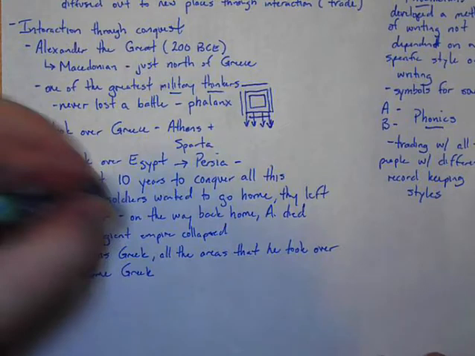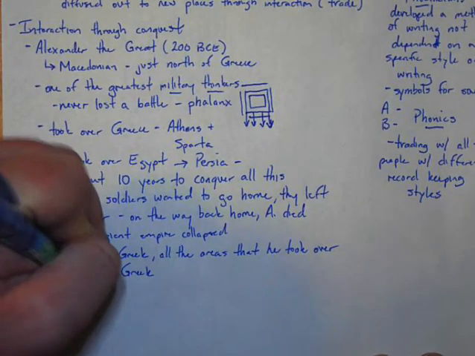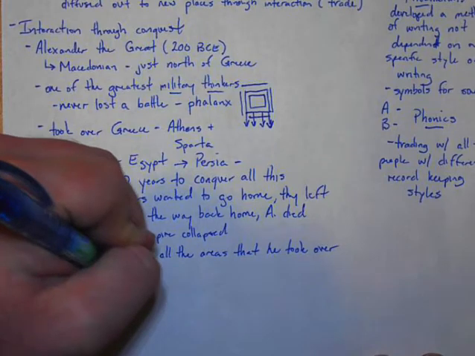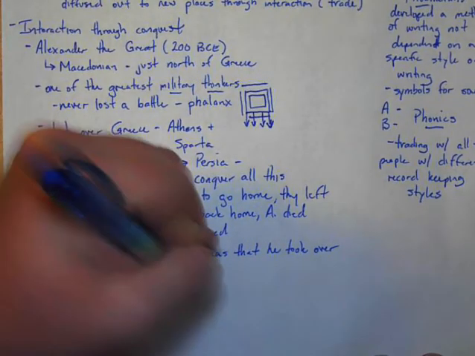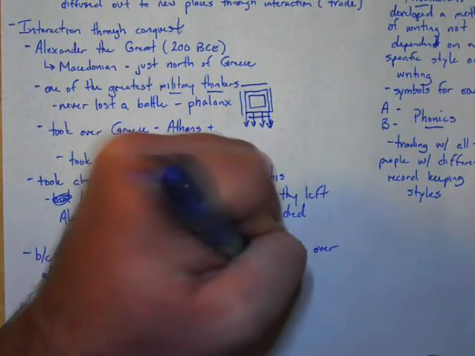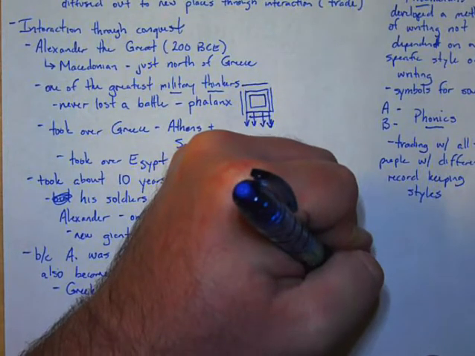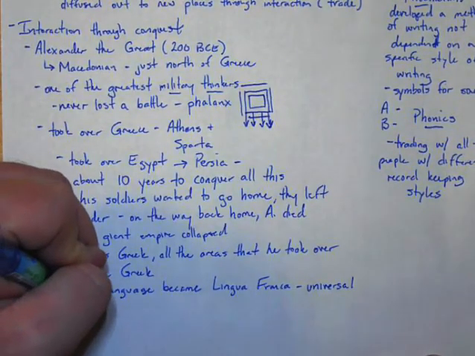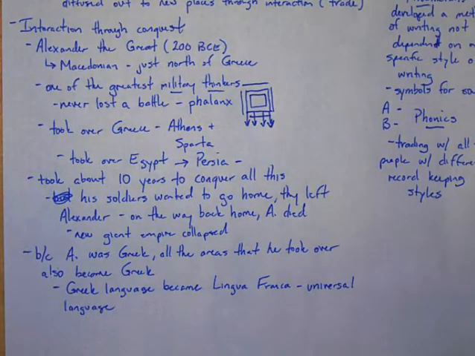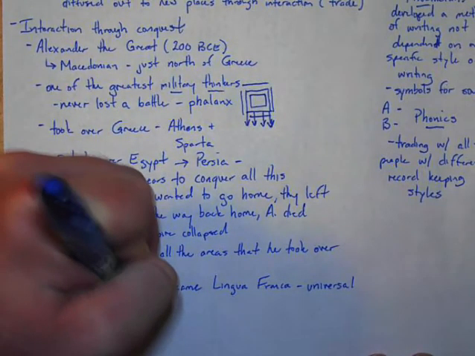And by doing this, the Greek language became what was known as a lingua franca, meaning a kind of universal language, a language that everyone spoke. Kind of like how English is a lingua franca now. Like if you go anywhere, someone around there will speak a few words of English. So back then, it was Greek. So the Greek language became a lingua franca across Eurasia.